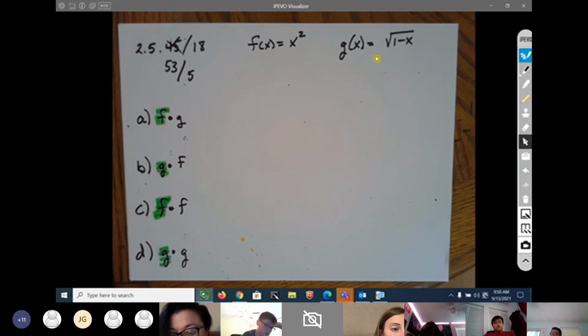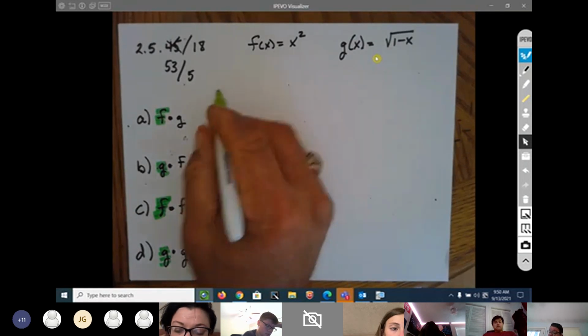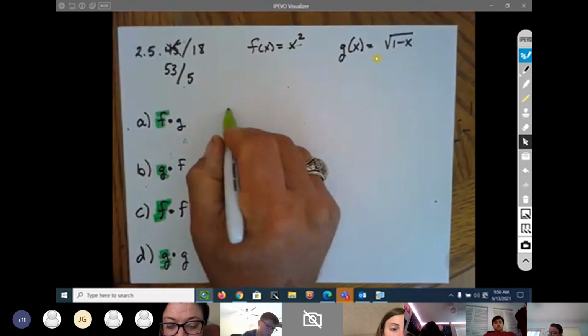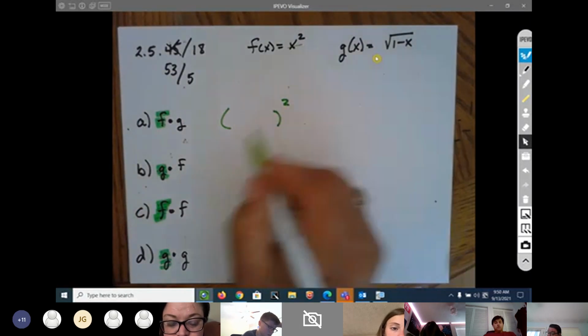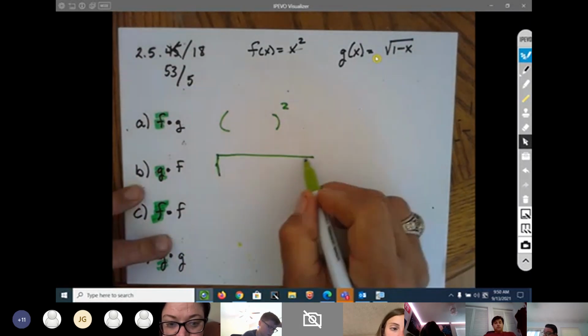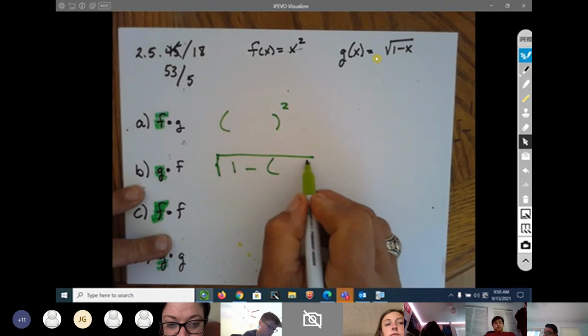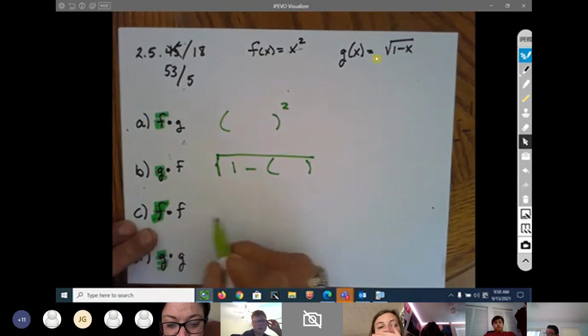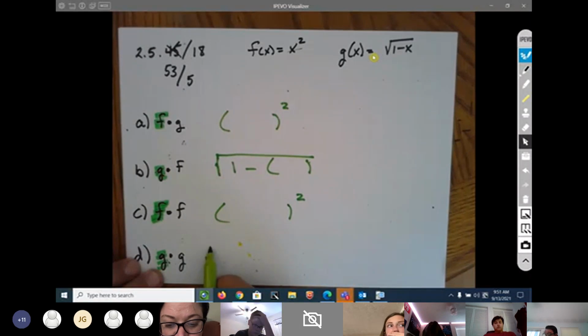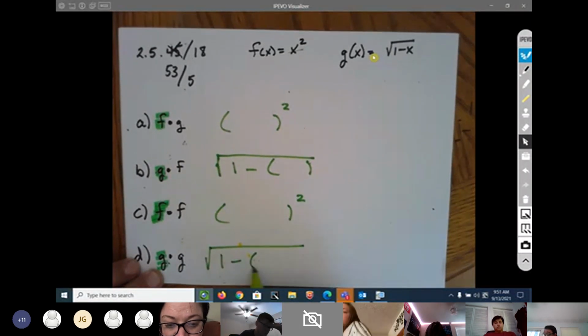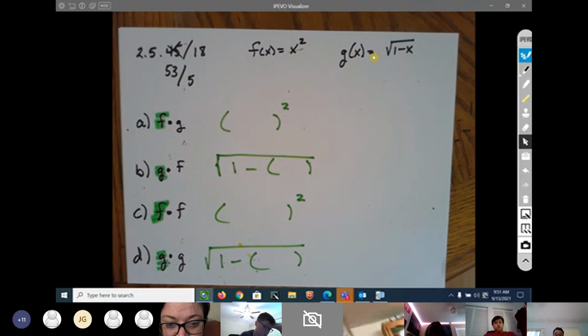I'm going to do that in green. So F, I'm going to rewrite with a big set of parentheses. G, F, and G, the same. Y'all with me?